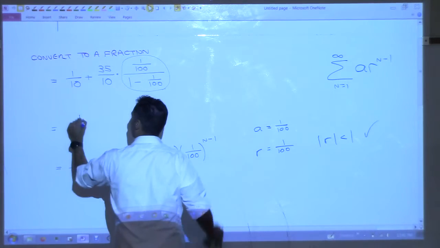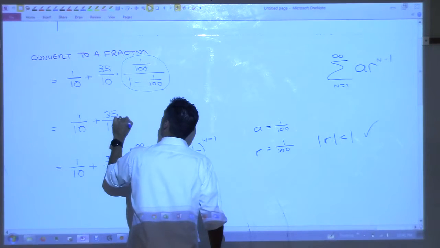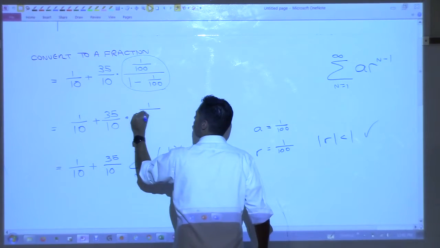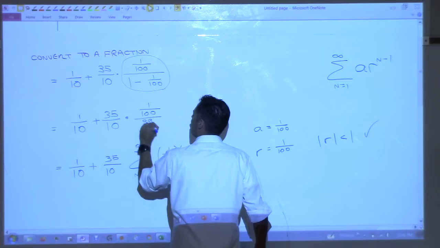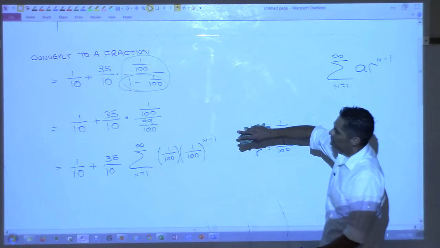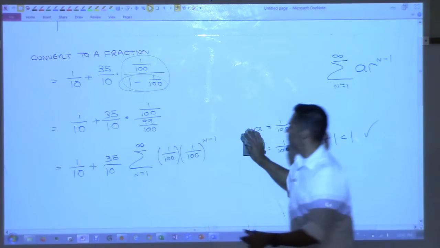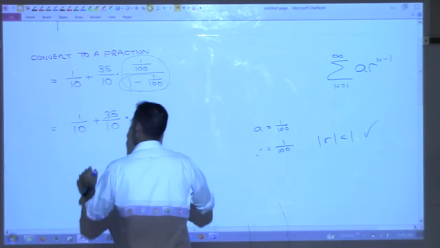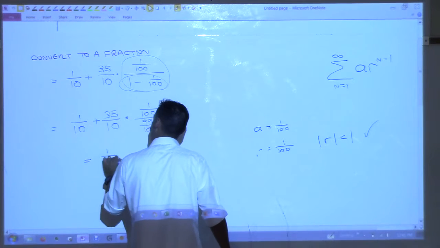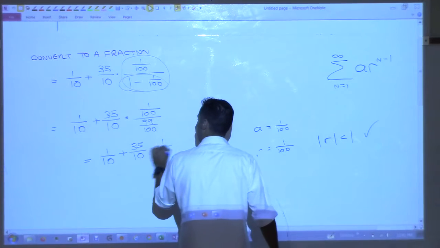So let's see here. We have 1/10 plus 35 over 10 times, okay, this becomes 1 over 100 times 99 over 100. Just getting common denominator between those two, right? And then you flip, the hundreds cancel, you get 1 over 99. So 1/10 plus 35 over 10 times 1 over 99.